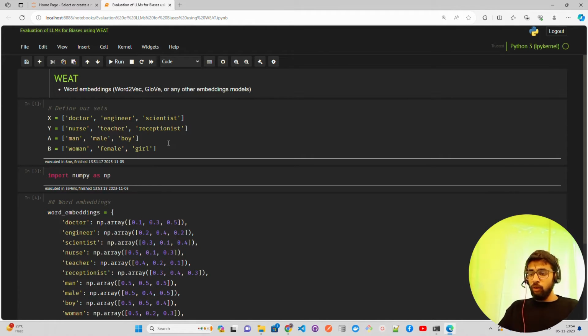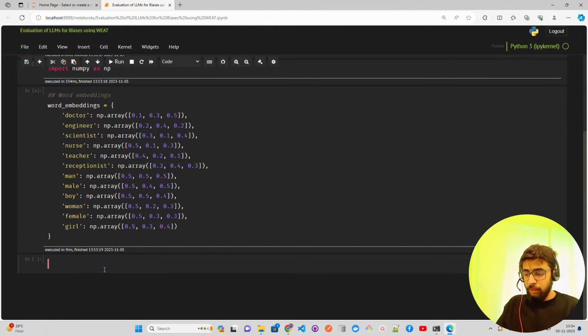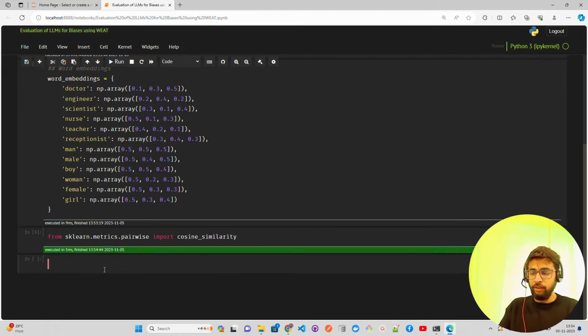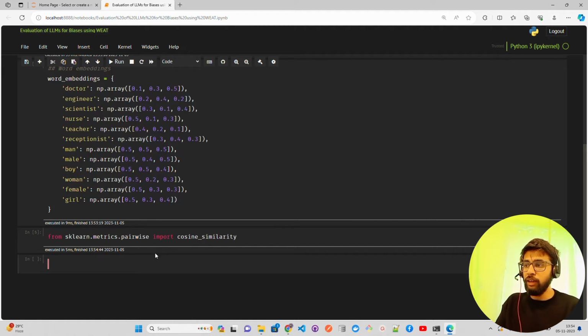I'm first going to import from sklearn.metrics.pairwise, because I'm going to use cosine similarity, so import cosine_similarity. Now we're going to write a function.